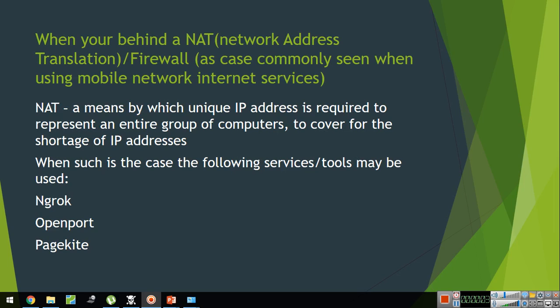The third case is when you are behind a network address translation or firewall which you cannot access, which is commonly the case in mobile network internet services. Basically, a network address translation is a system which provides you an IP address required to represent an entire group of devices or computers to cover up for the shortage in the IP addresses worldwide.